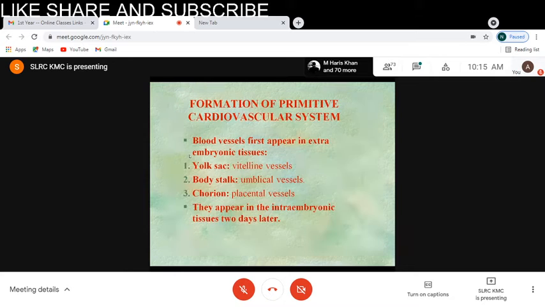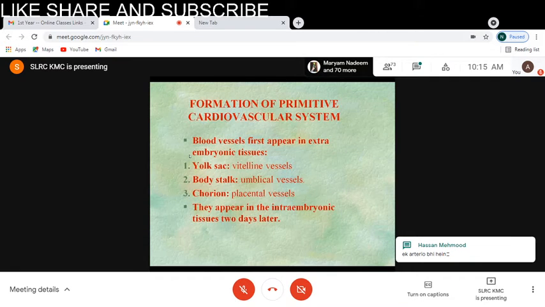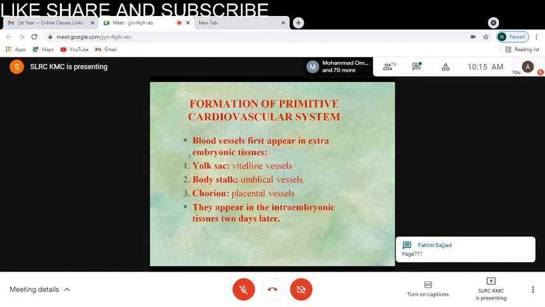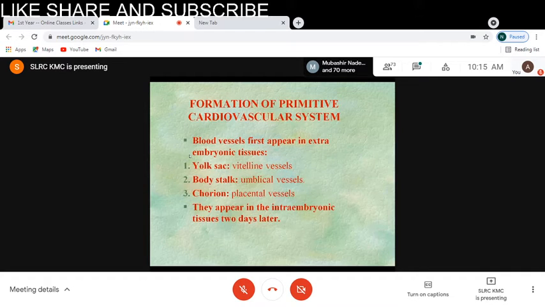Now the development of the primitive cardiovascular system. The first structures to develop are the blood vessels, and they first form in the extra-embryonic tissues, that is in the wall of the yolk sac, in the body stalk, and in the chorion.